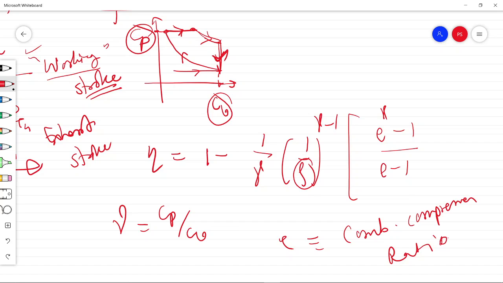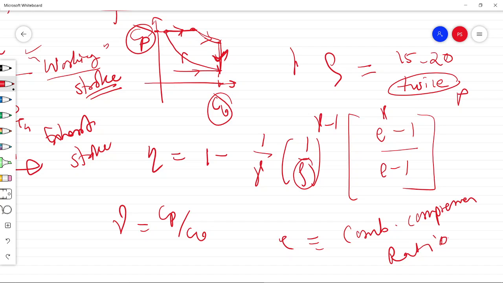But the advantage of using a diesel engine is that for this engine, the values of rho typically range from 15 to 20. So that is almost twice the value of the compression ratio for a petrol engine. Due to this the diesel engine is much more efficient than its petrol equivalent. And as we can see, people prefer this diesel engine as it provides a higher efficiency. Of course, it comes with its own maintenance issues, but yes, it provides a higher efficiency.